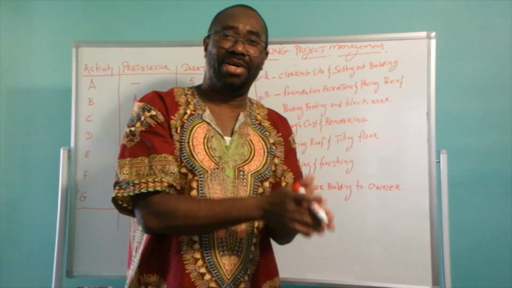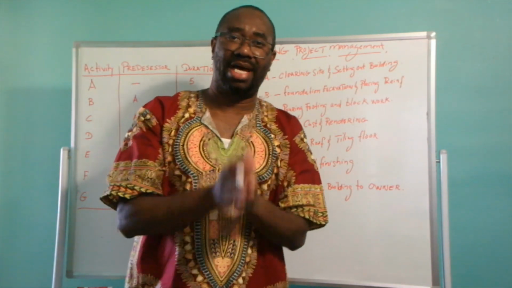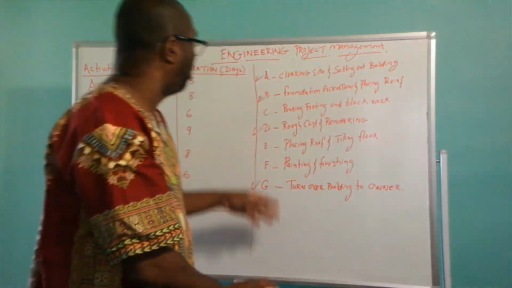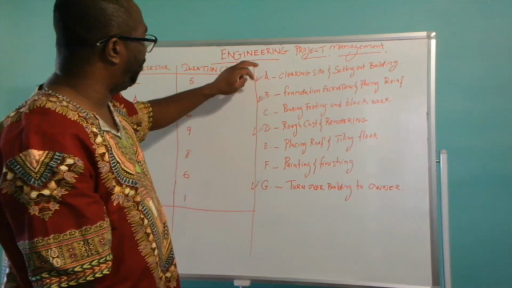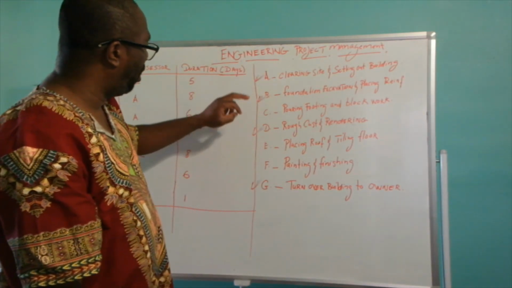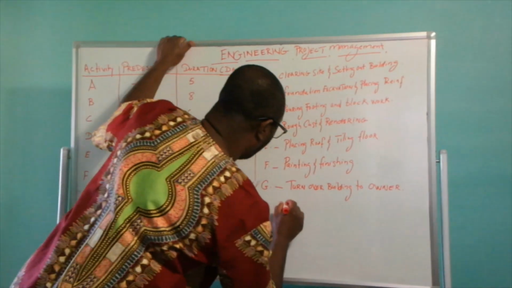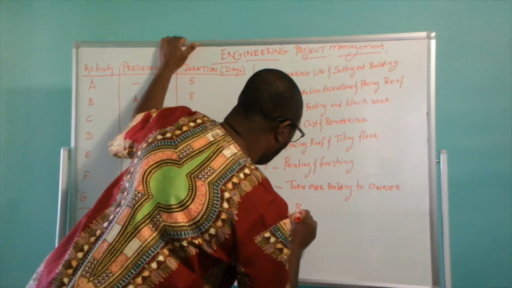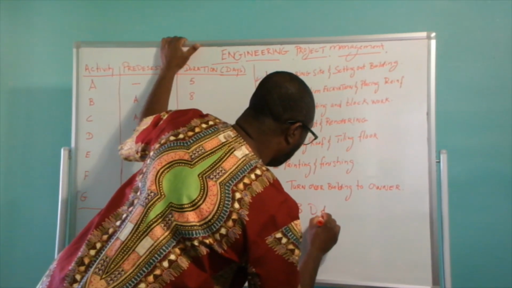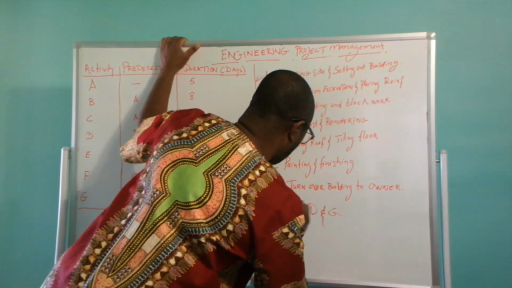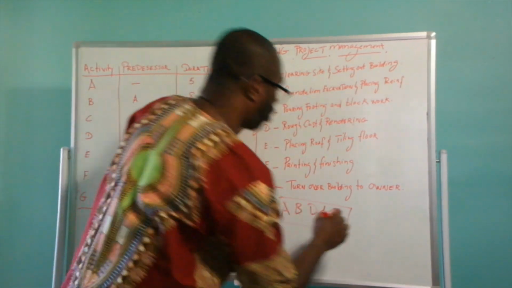So in order to finish this project on time without any lag, you must complete activities A, B, D, and G as your critical path.